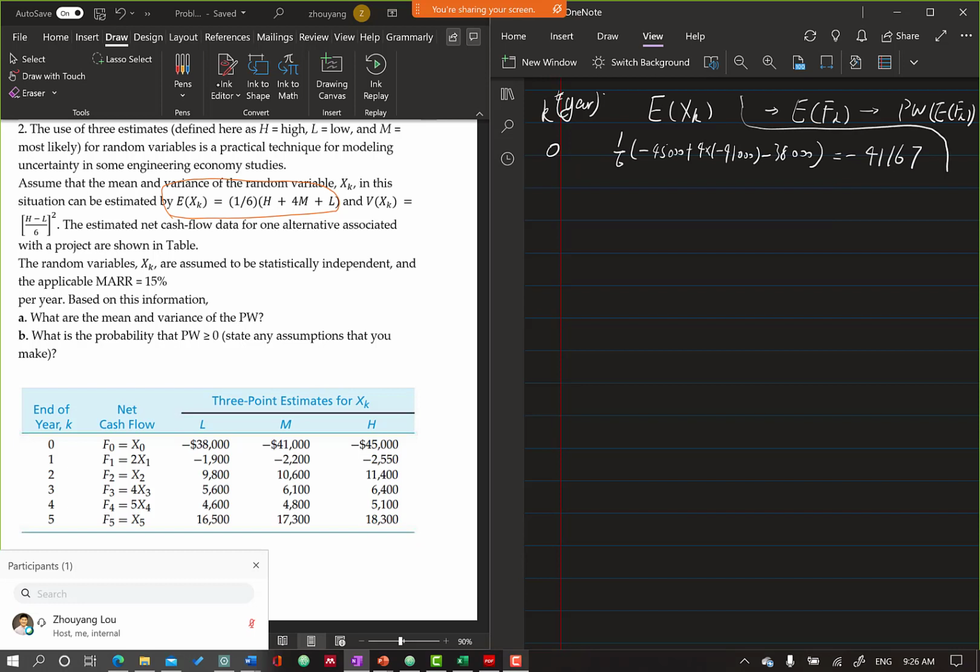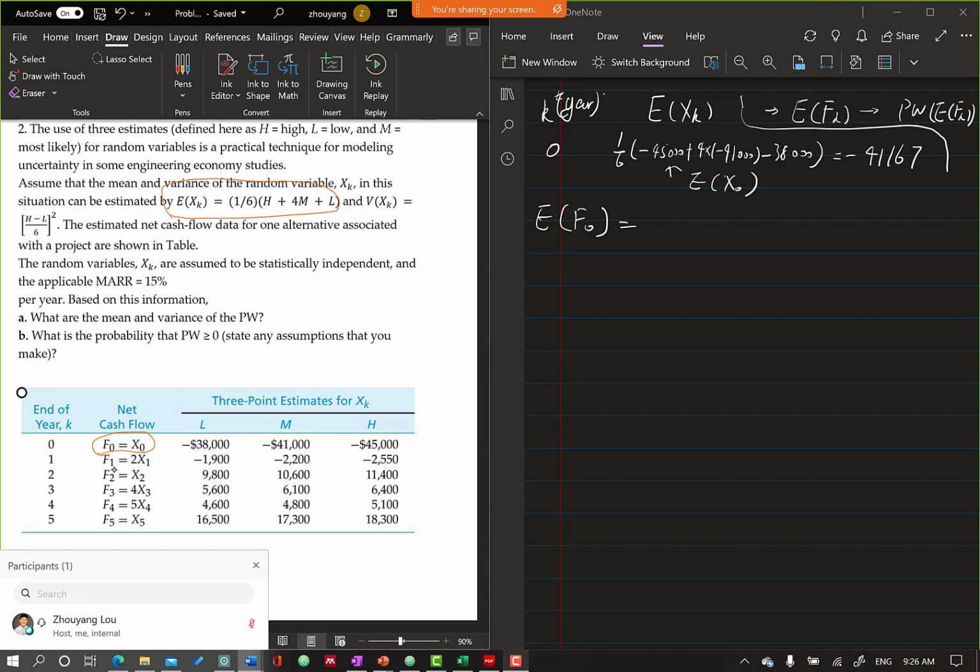So now we are just calculating the expectation of x0, and then let us calculate the expectation of f0. f0 we have in this table, that's just x0.